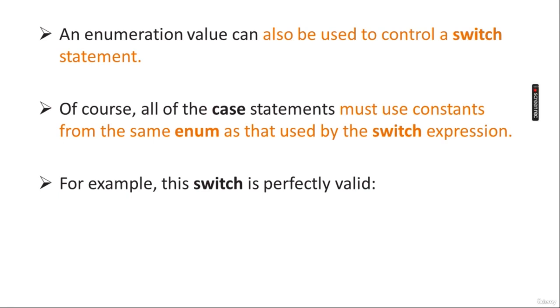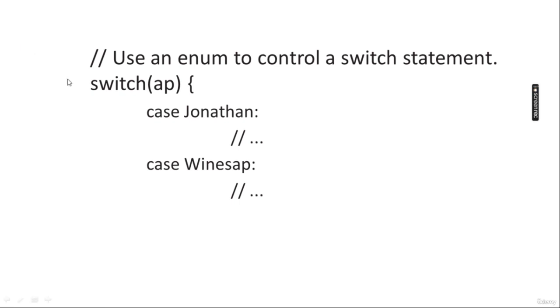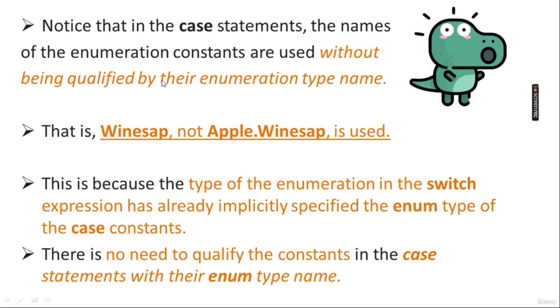If you are passing the enumeration variable AP, in all the cases you can only have the values defined in the enumeration Apple, which is perfectly valid. What I have explained is given over here. In our case, the Apple enum has Jonathan, GoldenDel and all the constants, and those can be used here to compare the value of AP.